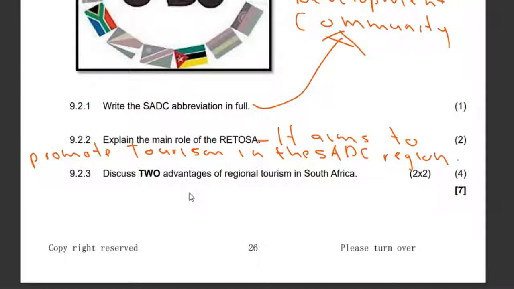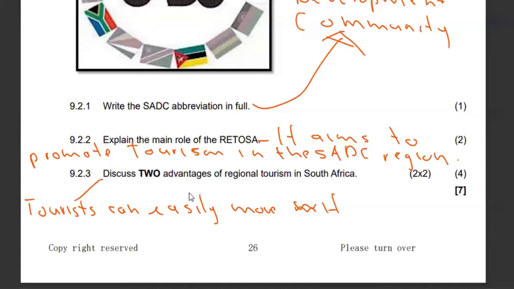Then discuss two advantages of regional tourism in South Africa. Advantages of regional tourism. Regional tourism, tourists can visit without visas. So tourists can easily move from one Southern African country to the other without the use of visas.